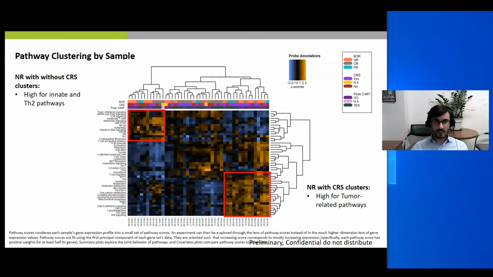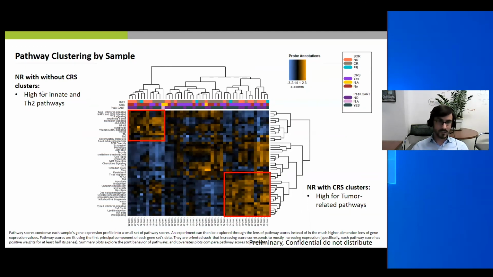What we see here is two interesting clusters, where basically these are the non-responder patients that cluster together based on the presence of cytokine release syndrome or absence of cytokine release syndrome. This is extremely interesting because it tells you that these two groups are quite different, and they might have very different reasons why they are relapsing.